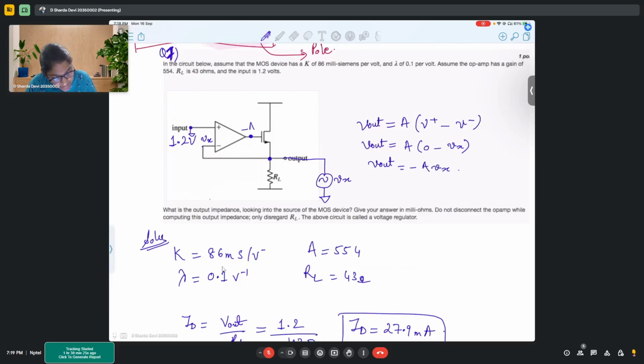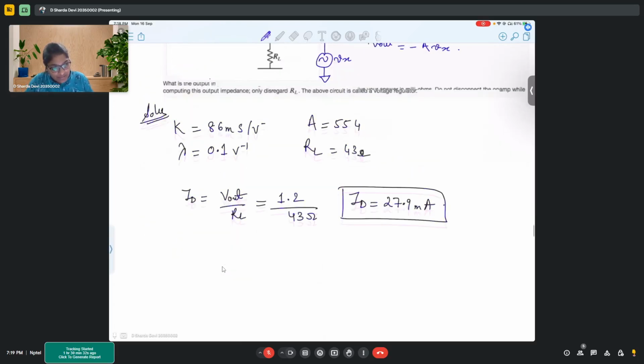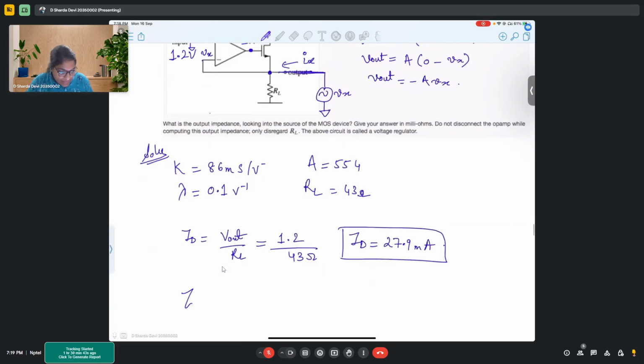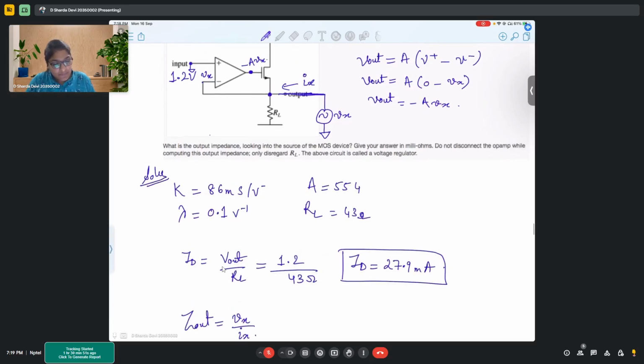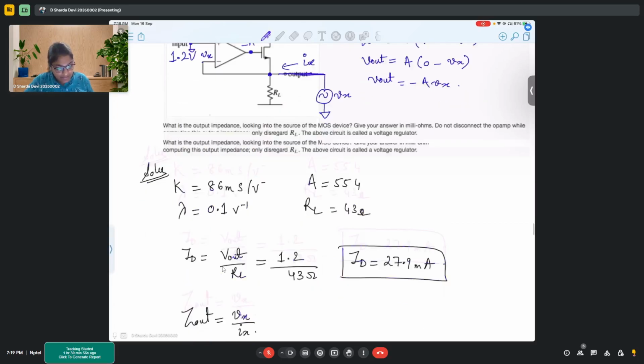So here it would be A Vx minus A Vx at the VG, right? Now I'll find the small signal current. So this is Ix. My Z out I can write as Vx by Ix, correct? Based on this particular circuit that we have designed.